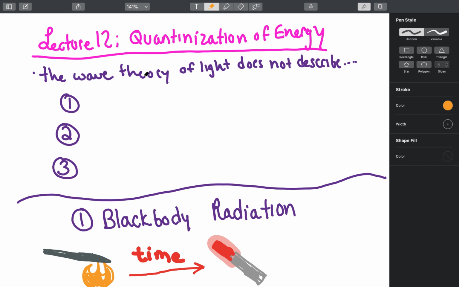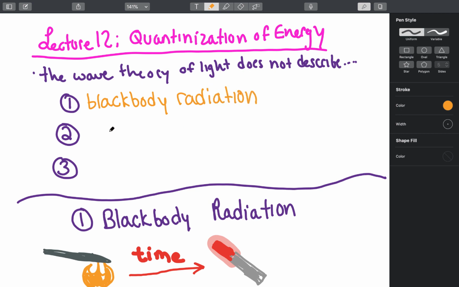So in the previous lecture, we talked a lot about the wave theory of light. However, the wave theory of light is not perfect. It does not describe some important observations that we see in day-to-day life. So the first thing that the wave theory of light does not describe is something called black body radiation.